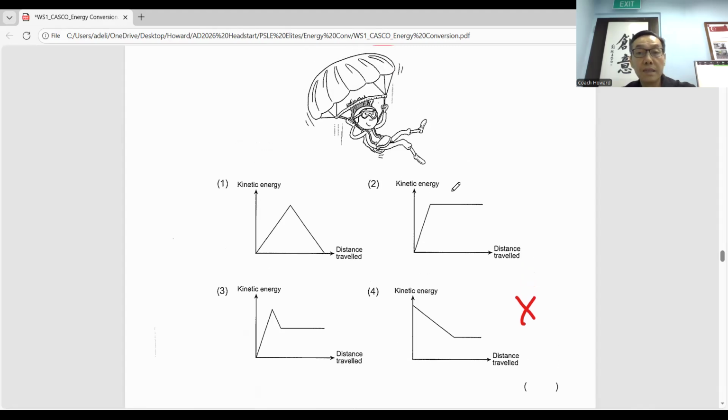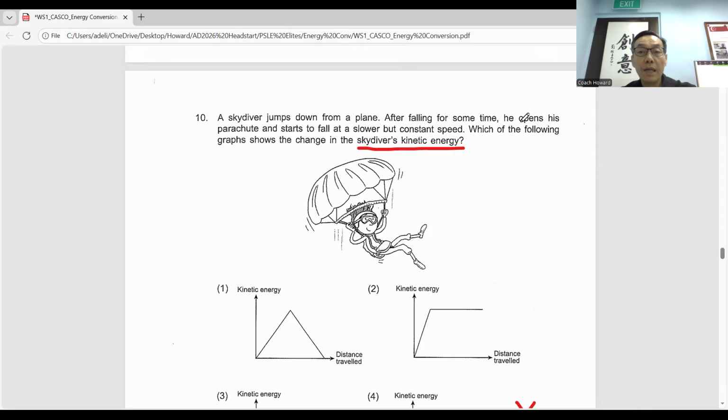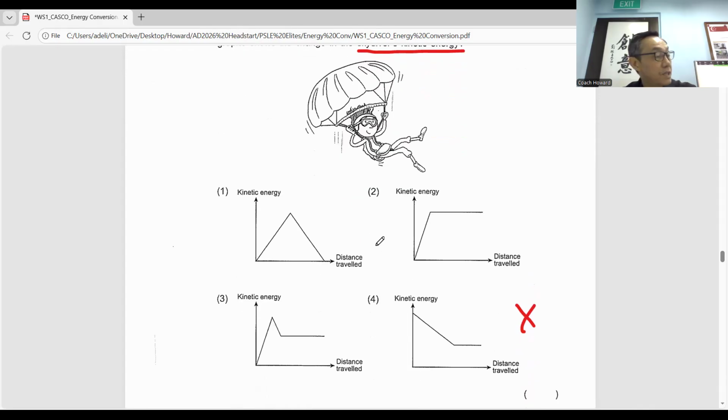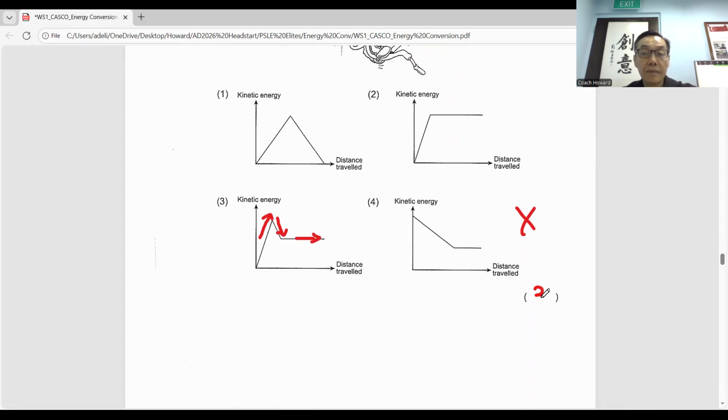Remember the part when he opened his parachute, he falls at a slower speed. That's when kinetic energy drops. So can you see, notice this part, it goes up, and then it drops, and then it stabilizes. So the answer is 3 for this question. Easy to understand?